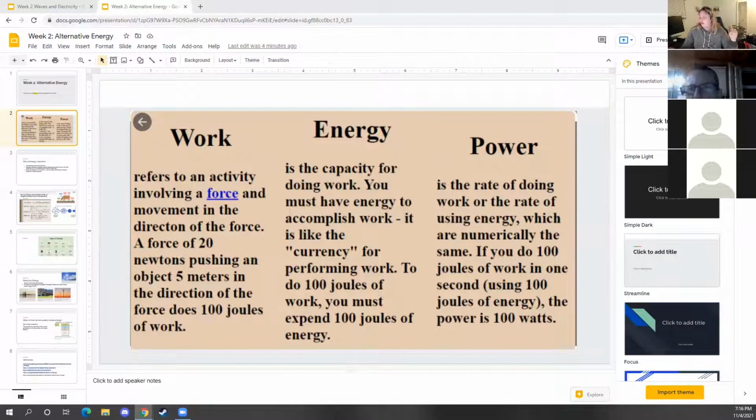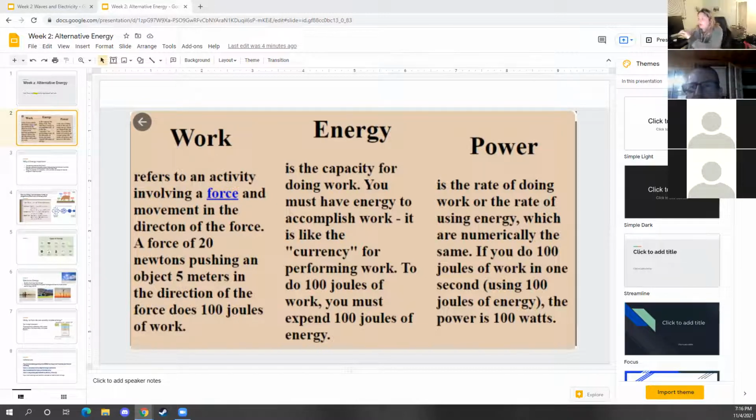And that's because 1 joule equals, in fact, I want to make sure I say this right. Sorry, I just wanted to double check myself.